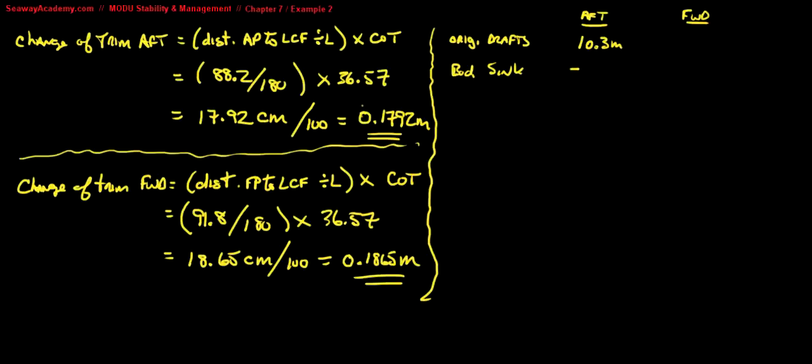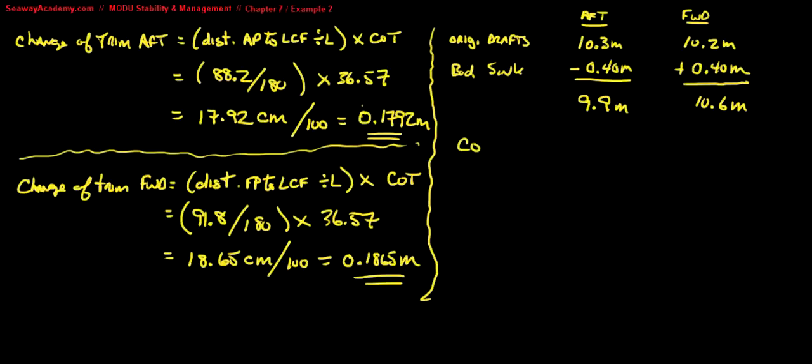Your bodily sinkage is 0.40 meters, so we're going to subtract this. So our draft, taking into consideration our bodily sinkage, is going to be 9.9 meters aft. Now for forward, we're going to be adding the 0.40 meters to the forward draft of 10.2. So we'll end up with 10.6 meters forward. So 9.9 meters aft and 10.6 meters forward.